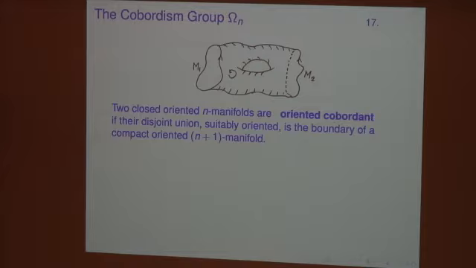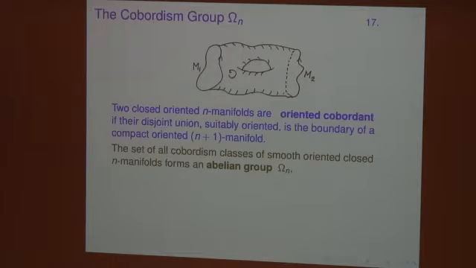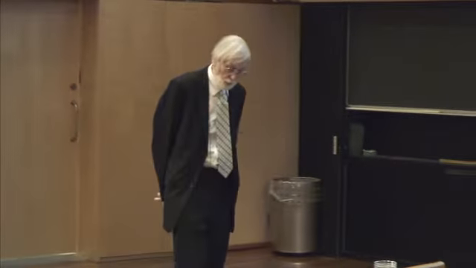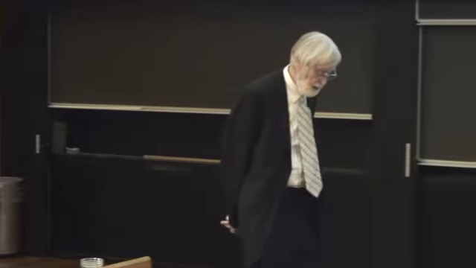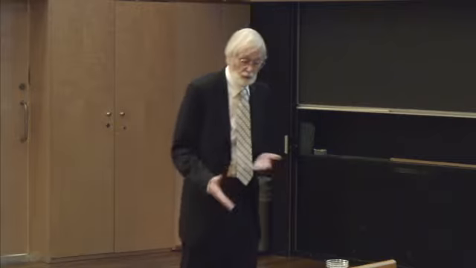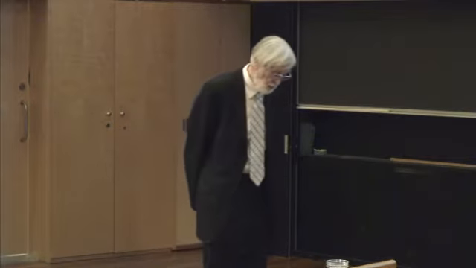And he showed that the equivalence classes, the cobordism classes, formed a group where the sum operation is just taking disjoint union. So if you take two manifolds and put one of them here and one of them here and take the union, that's another manifold which is not connected, but one can ask whether that manifold is a boundary, and in this way you form an abelian group, because clearly the disjoint union is a commutative operation. You don't care what order you take them in.